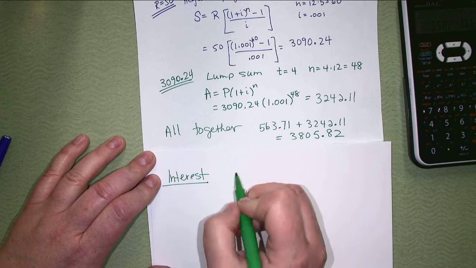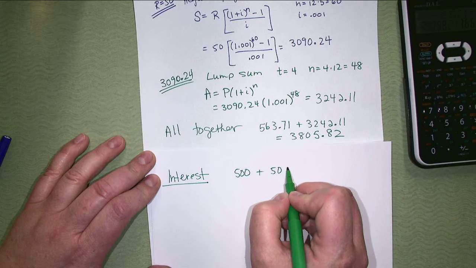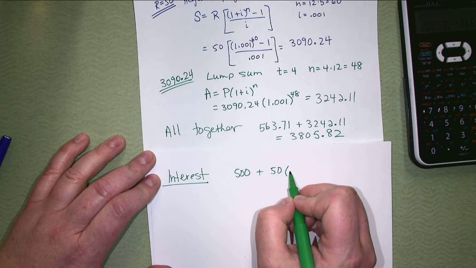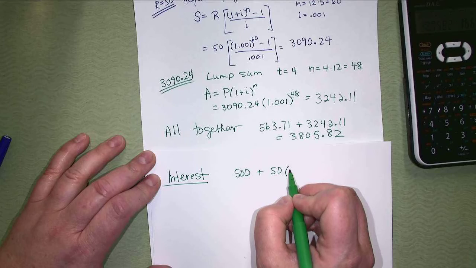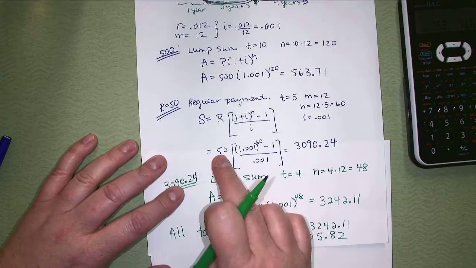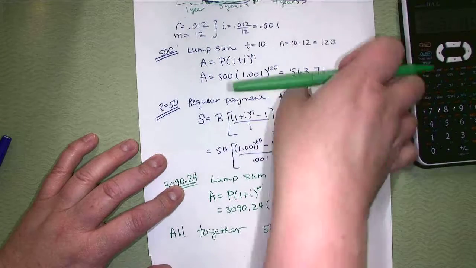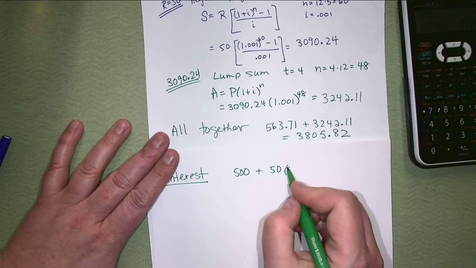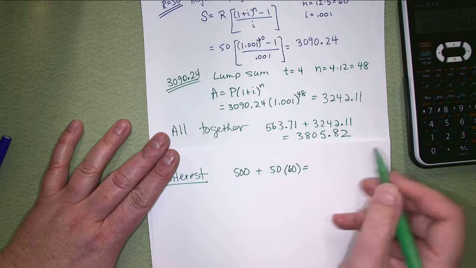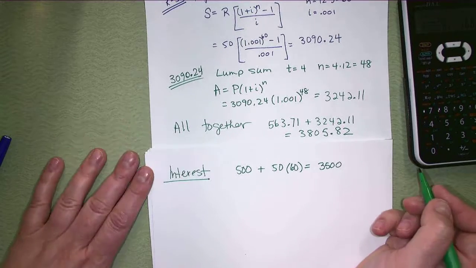He paid 500 plus 50. How many times did he do the 50? If you look up to the formula itself, he did that 60 times. What's that, 3,500? 50 times 60, plus 500?